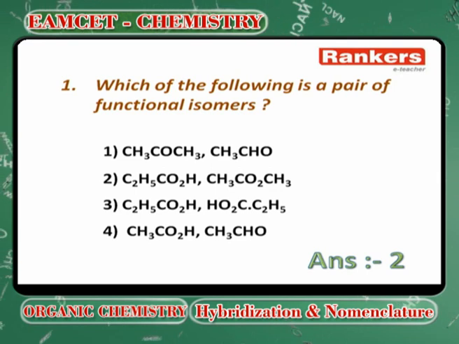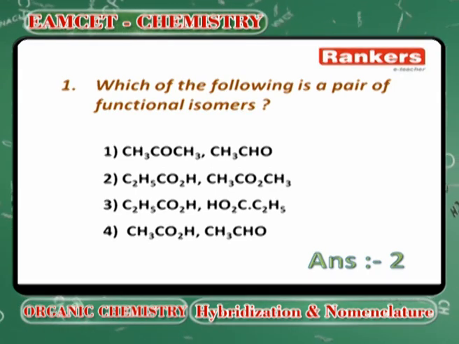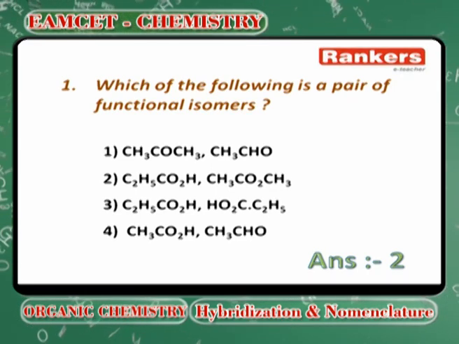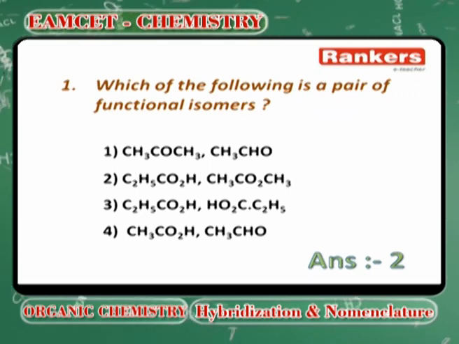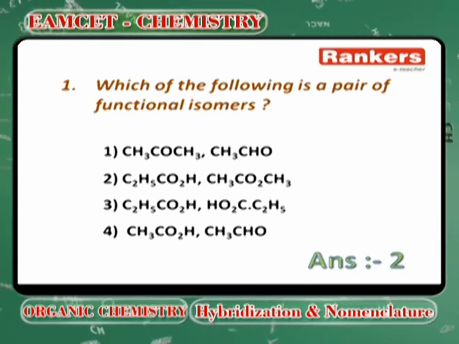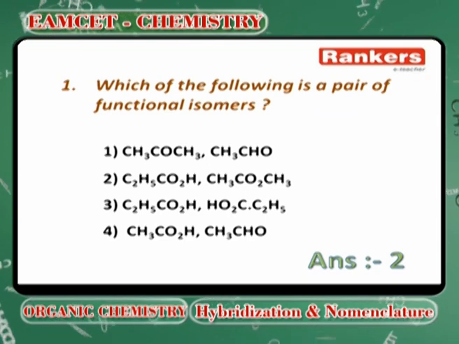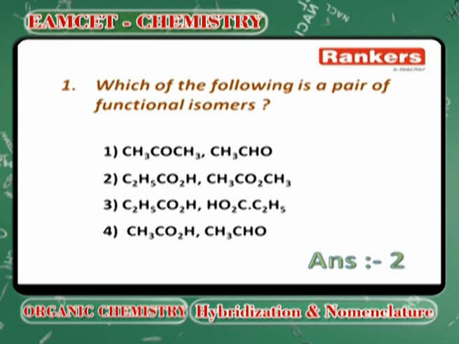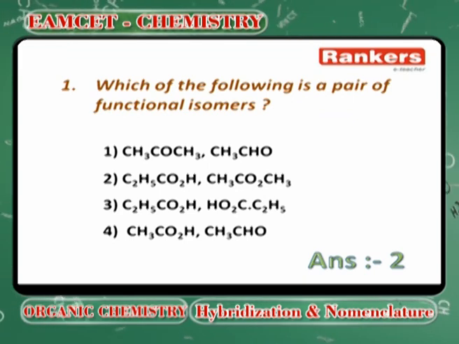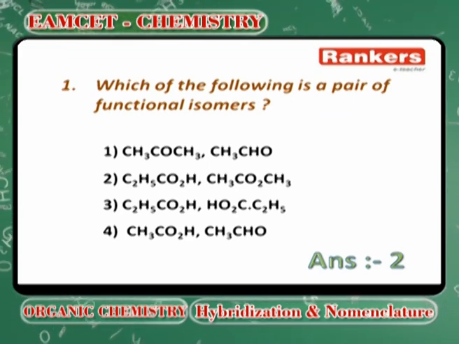Which of the following is a pair of functional isomers? A pair of functional isomers means if one belongs to aldehyde, the other one should be a ketone. In the first example, the first compound has 3 carbons, the second one 2 carbons, so they are not isomers at all. In the second there is an acid, the other one is an ester. The number of hydrogens and all that fits, so the answer goes to 2.